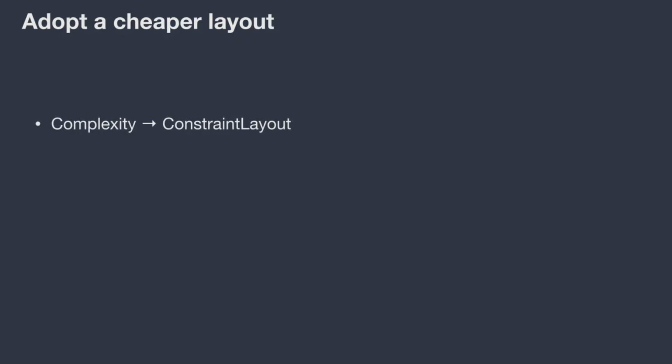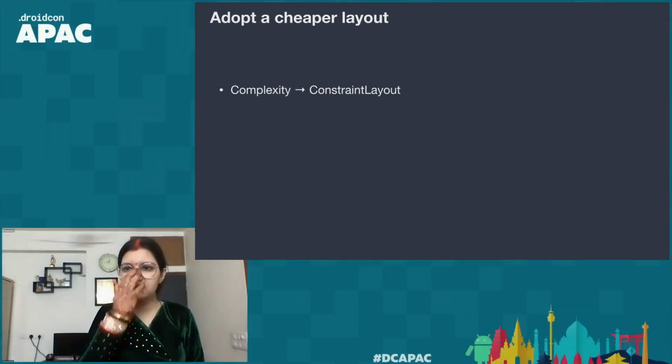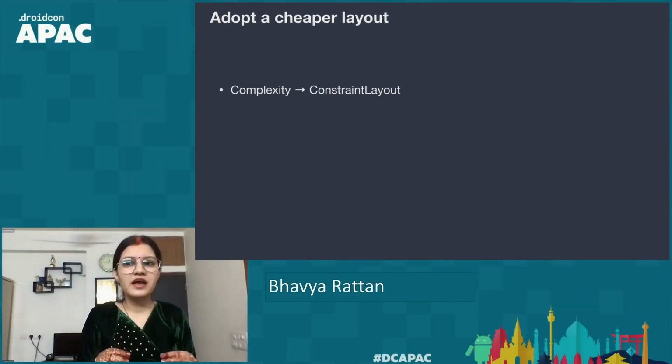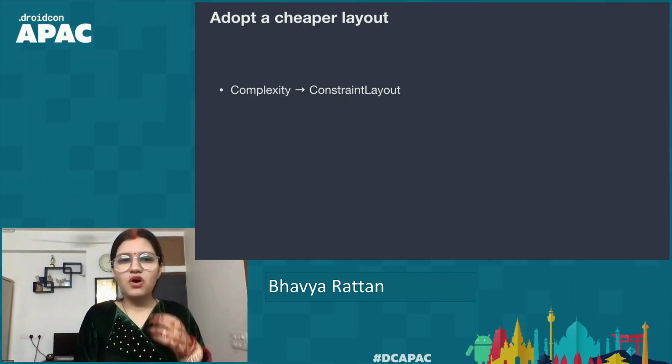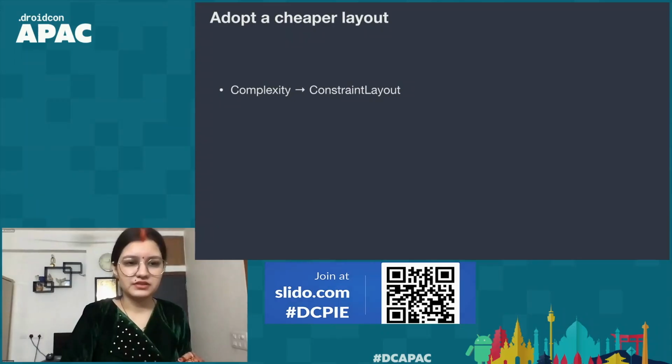For complex layouts, you should always try to use constraint layout in place of relative layouts, because constraint layouts can help you create a lot of complex layouts in your application and serve the purpose for mostly all of those complex use cases.